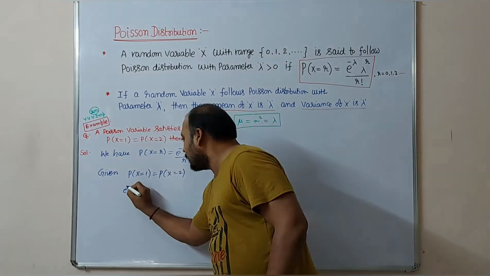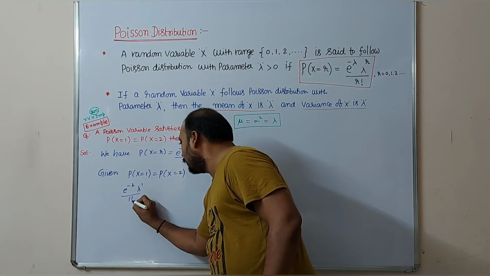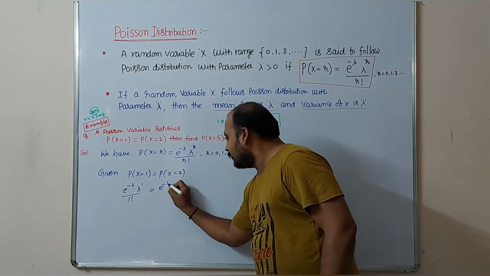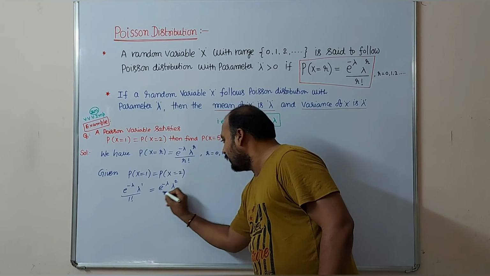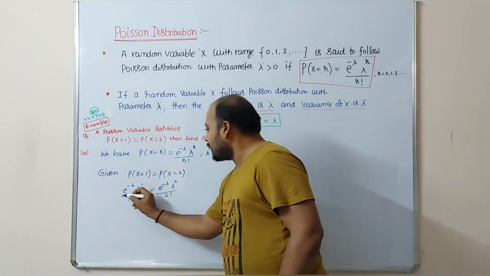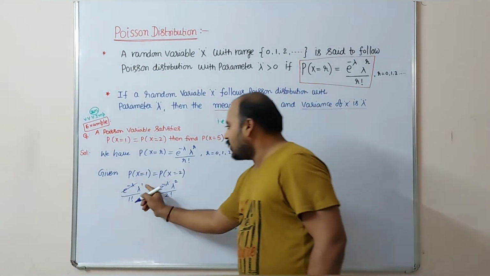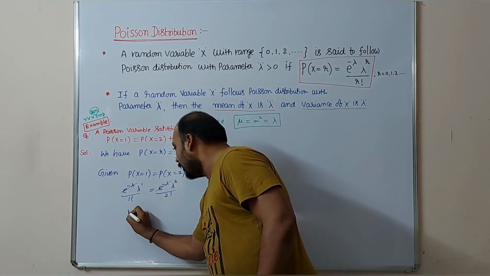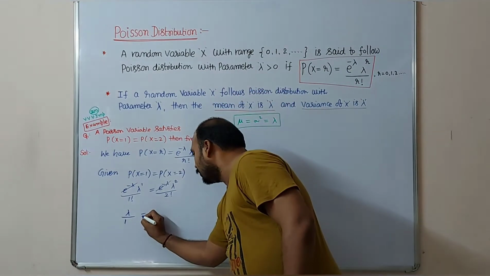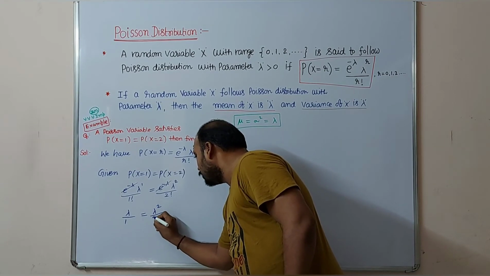E power minus lambda, lambda power 1 by 1 factorial is equal to e power minus lambda, lambda square divided by 2 factorial. So on both sides e power minus lambda gets cancelled. The remaining lambda power 1 is lambda by 1 factorial, which is 1, equal to lambda square divided by 2 factorial.